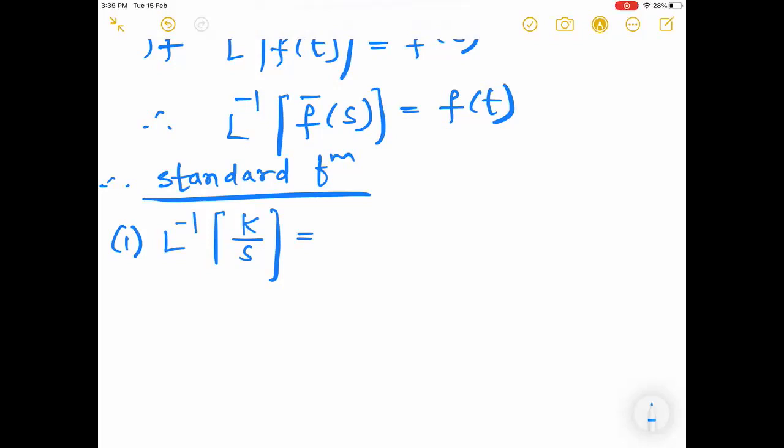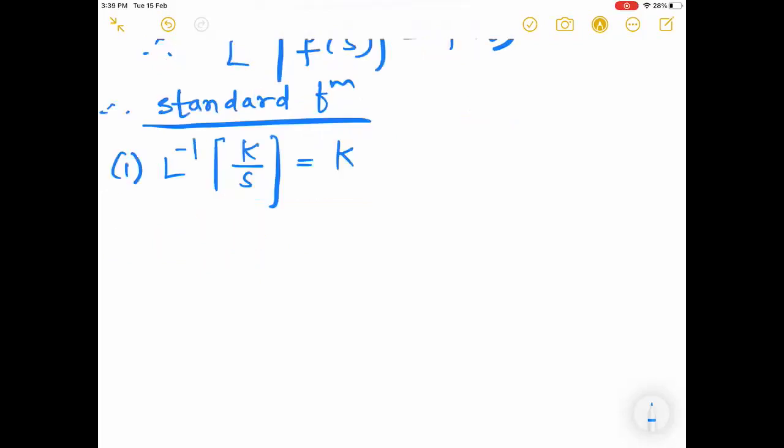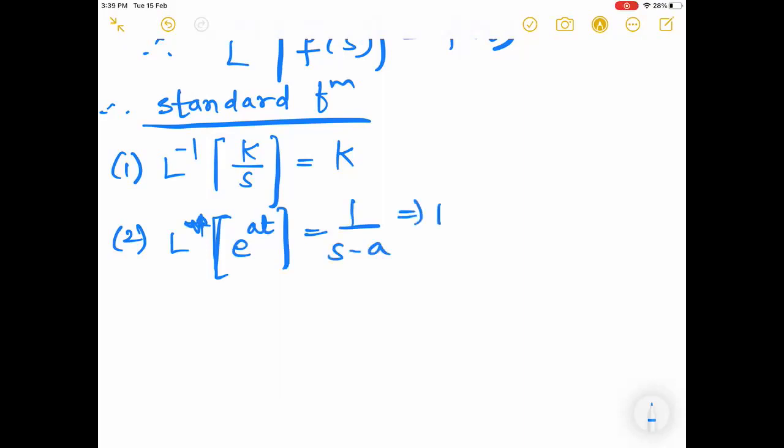Okay. The answer is k. The transform is k upon s, so the original function is k. Similarly, the inverse transform of, I will just write this down because you might have forgotten: the Laplace transform of e raised to at is 1 upon s minus a. Therefore, the inverse transform of 1 upon s minus a is e raised to at.